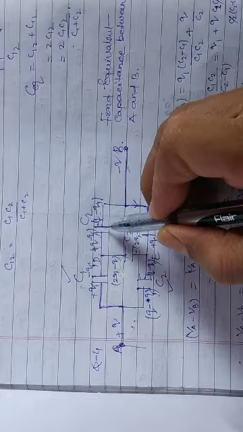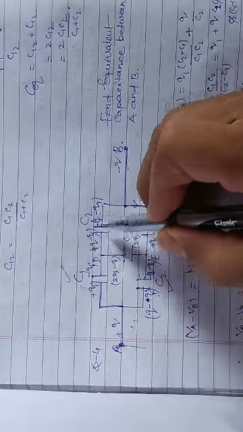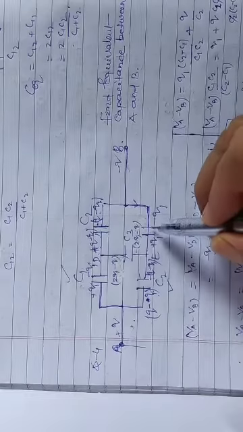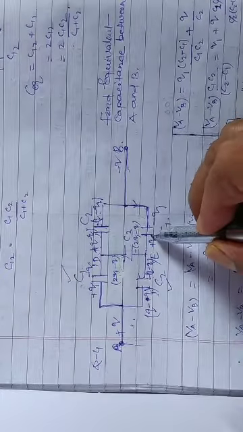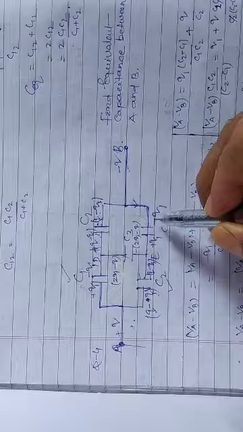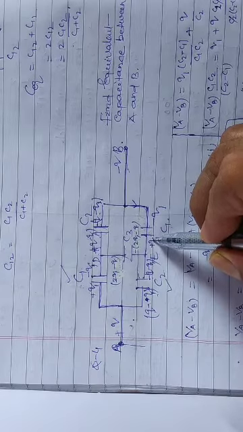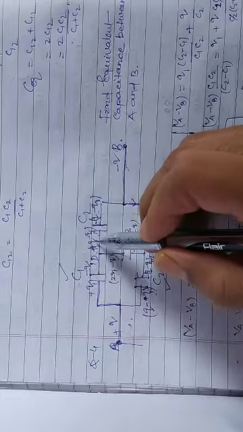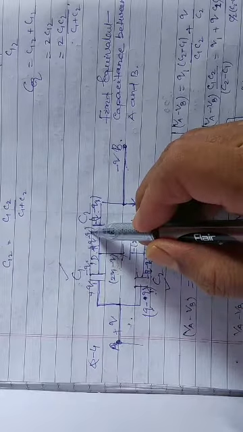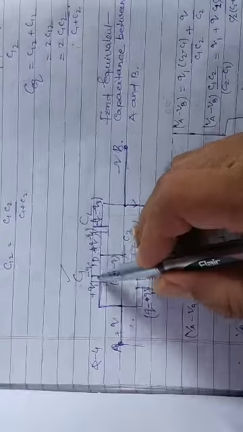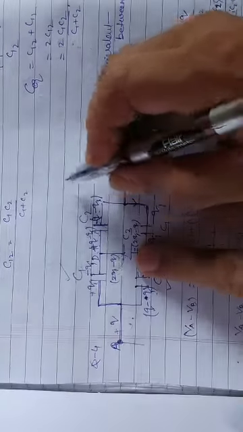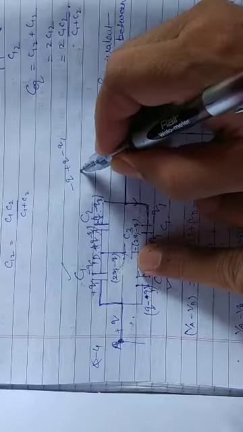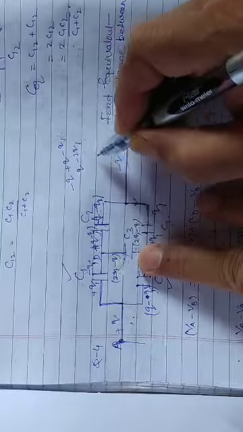Its opposite plate contains the same amount of charge with a positive sign. And here also, its opposite plate contains the same amount of charge with opposite nature. Now see, here it is minus Q1 and here it is Q minus Q1. It forms an isolated system. So minus Q1 plus Q minus Q1 is Q minus 2Q1.